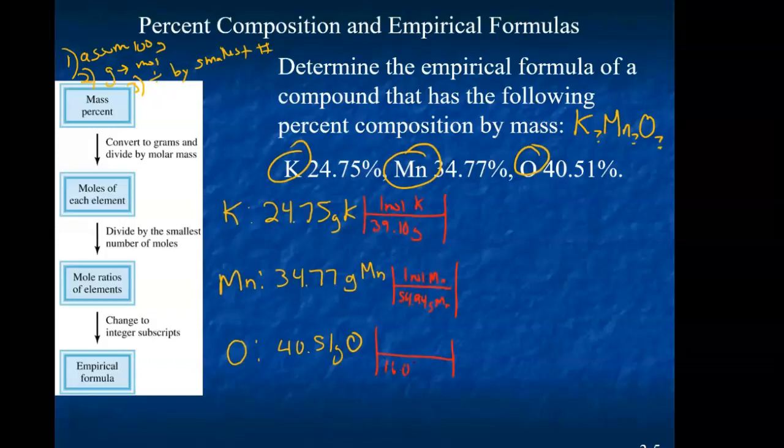Oxygen is 16.00 grams of oxygen, 1 mole of oxygen. And then you put them all in your calculator. And we don't think about our significant figures at all. On this one, again, I say go at least 4 digits. At least 4. 5 is better, and you will see why next week.